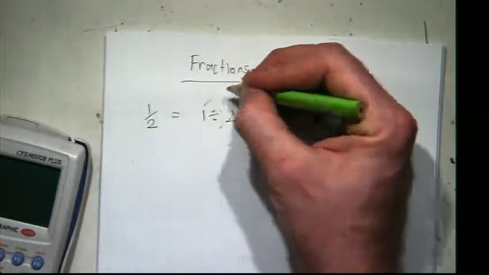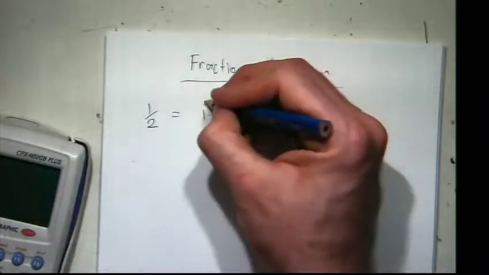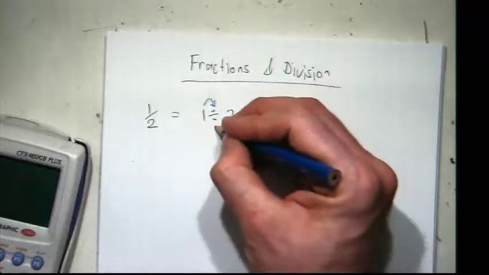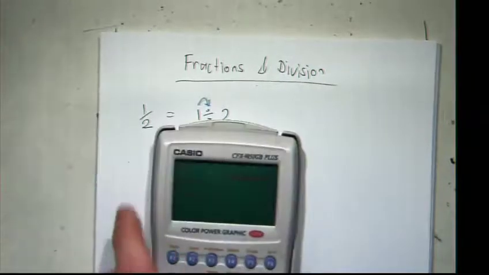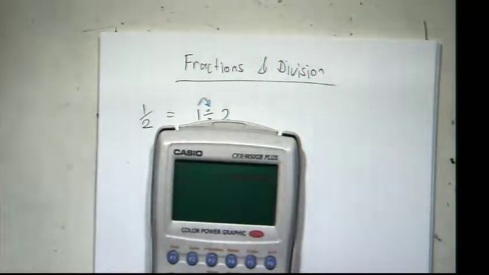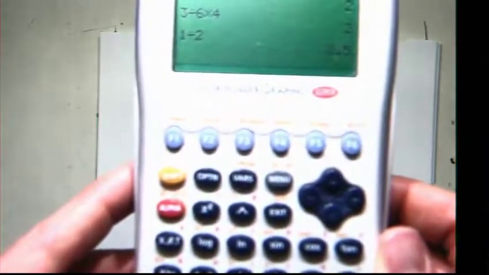Let's try another colour. The number in front of the division sign goes on the top, and the number after the division sign goes on the bottom. And so I can ask the calculator what 1/2 is as a decimal, 1 divided by 2, and it tells me the answer is 0.5.